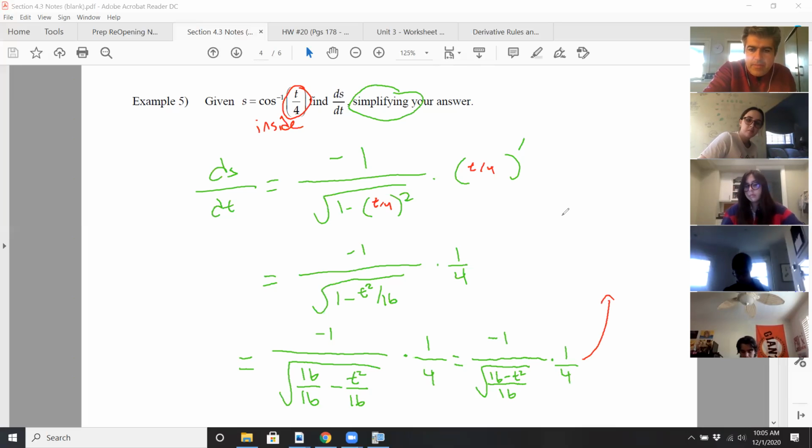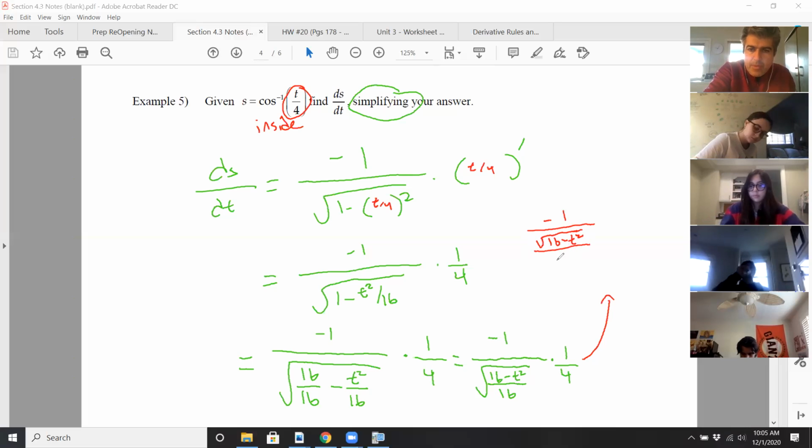So then you could write it as -1 over root 16 minus t squared over 16. Sorry, over 4.